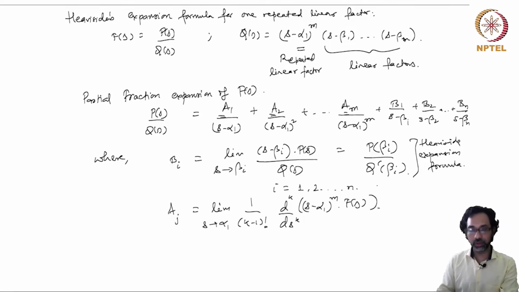So this is the formula for the coefficient Aj appearing, with j equal to 1 up to m, in this partial fraction expansion.